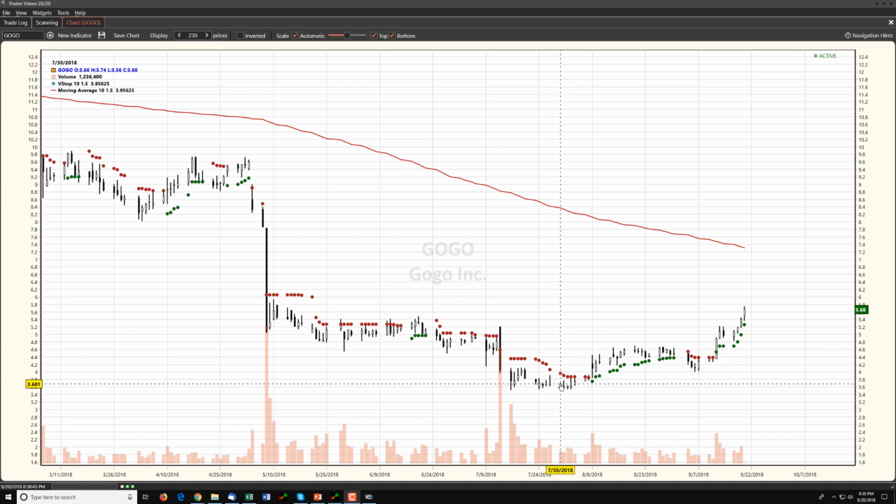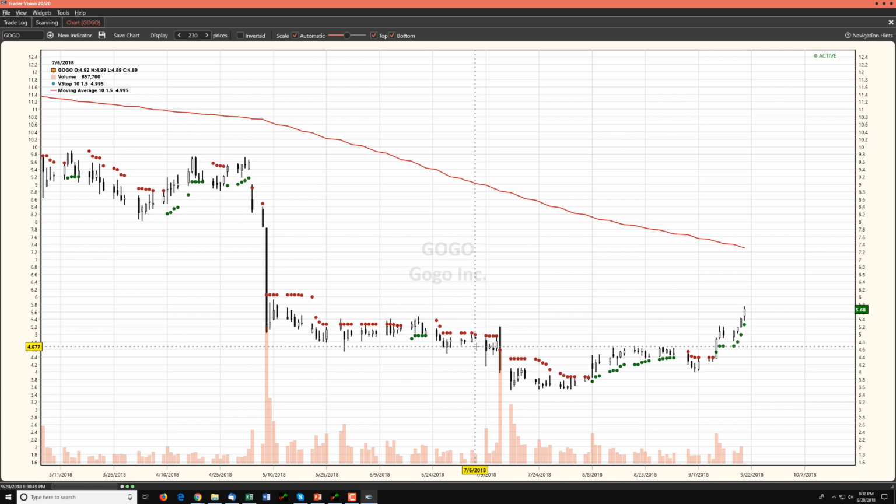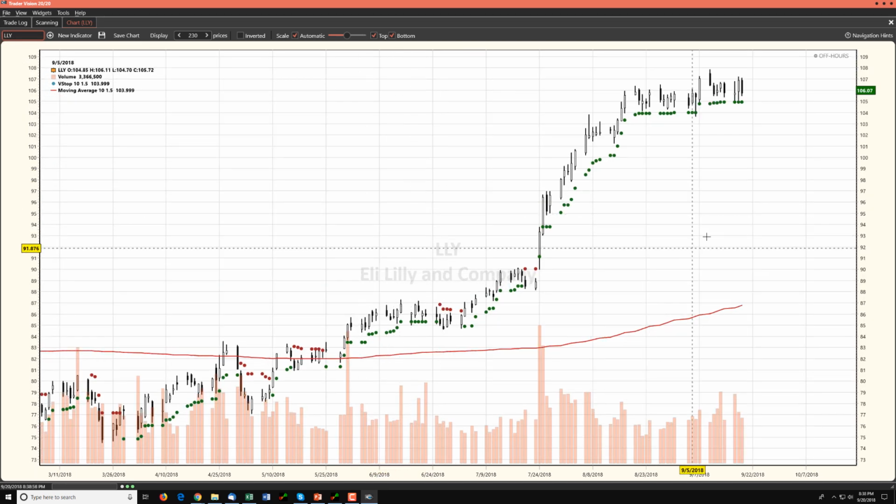Okay, David Lilly. Wow. Lilly's been a dog lately. I know Rick's complained about it mightily. It just won't get going. After that beautiful run, it's just consolidated here for, well, probably 3 weeks anyway.